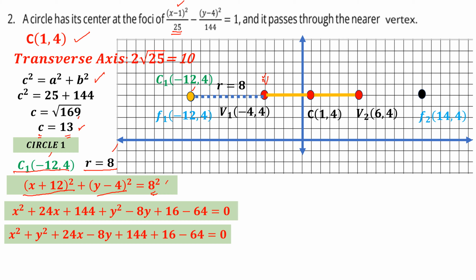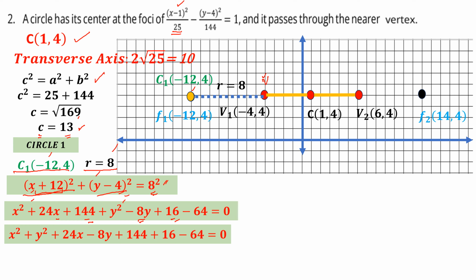So expanding this (x + 12)^2 and (y - 4)^2, because we will be getting the general form. So we have x^2 plus 24x, the first term squared, plus twice the product of the first and the second, so 12x times 2, and then squaring 12 will be 144. The y will be squared, so y^2, and then 4 times y times 2, negative 8y, and then squaring 4, we have 16. The square of 8 is 64, and it is already being transposed, so it will become negative 64.